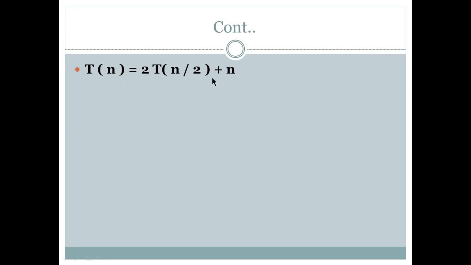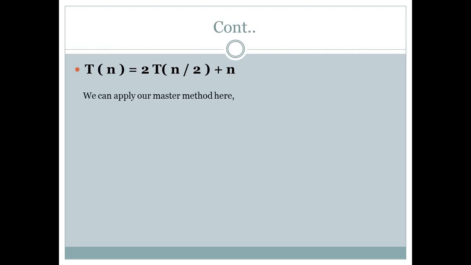In this equation you can see that we can solve it by our master method. Why? Because the divider of n is greater than 1, so we can apply the master method on it.